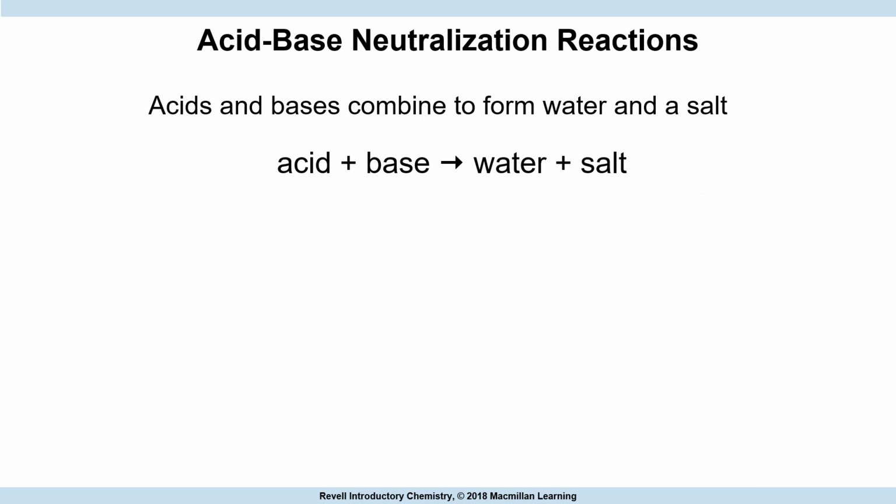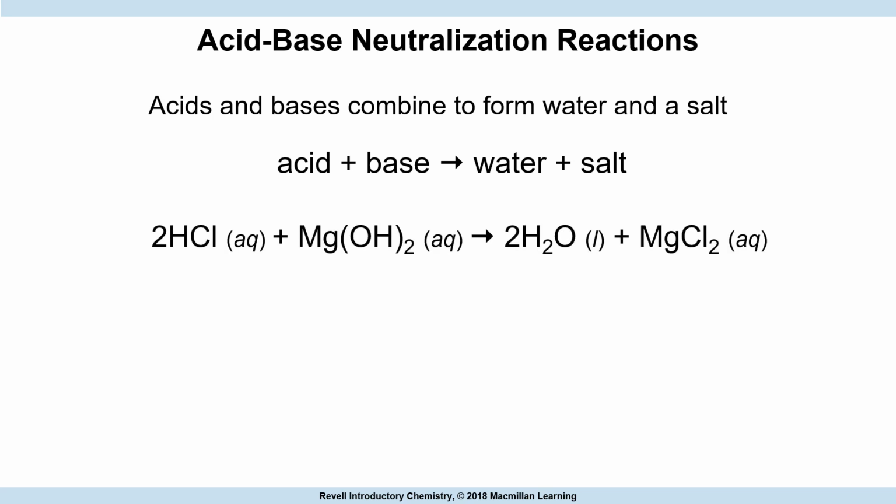Another thing when we're talking about solutions is acid and base. We'll just mention a little bit. Acids and bases, when they combine, we call this a neutralization. So an acid and a base neutralize to water and a salt. So here's an example.